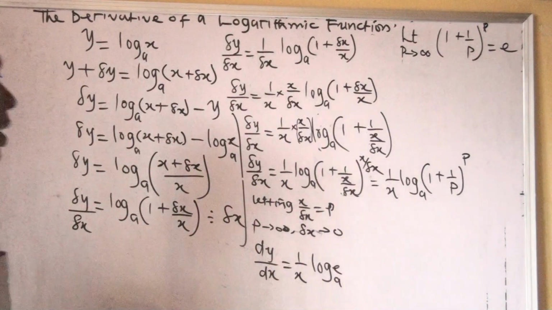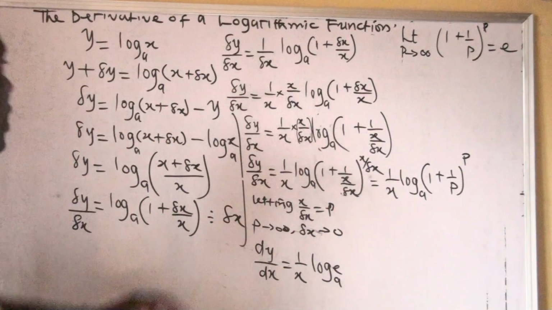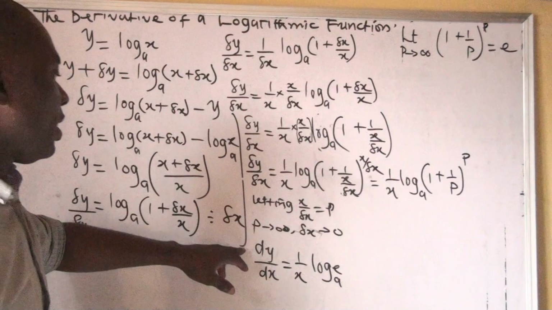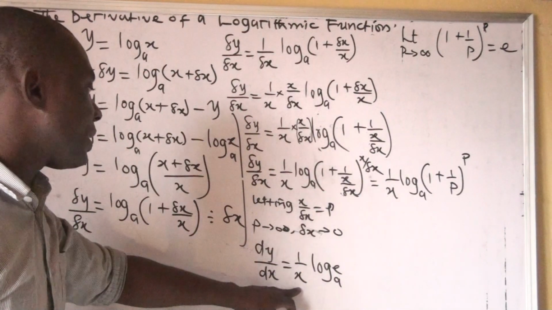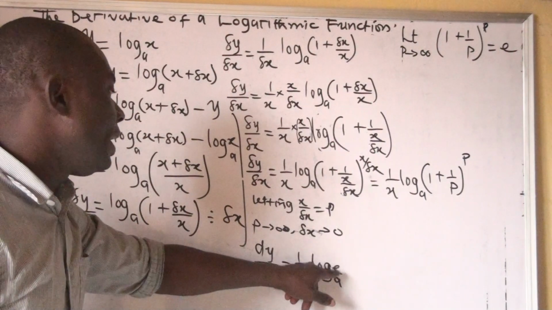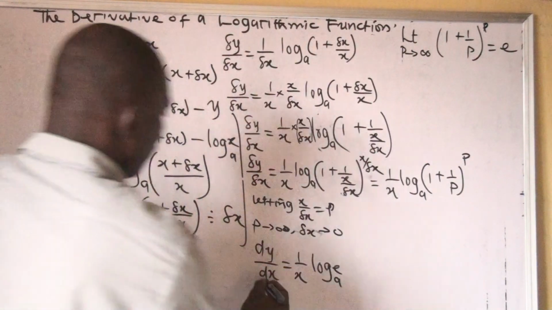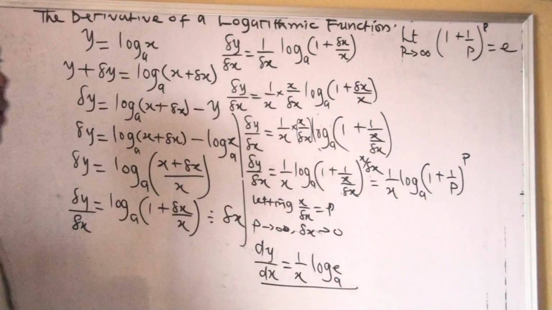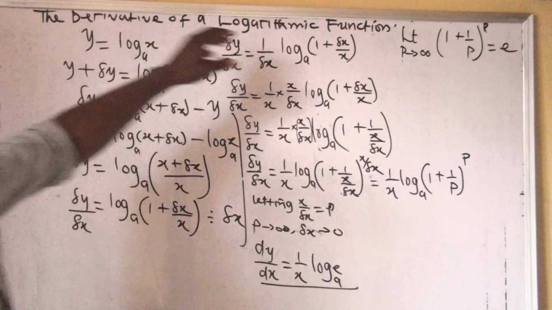So if you are differentiating a logarithmic function, dy/dx is 1 all over x times log e to base a. This is the formula for logarithmic functions.